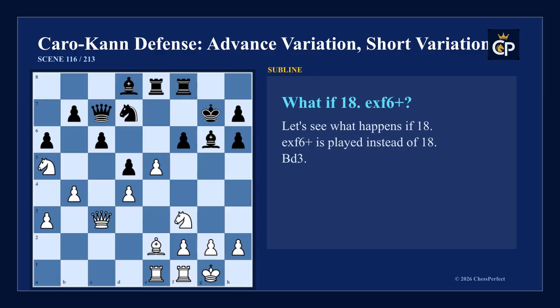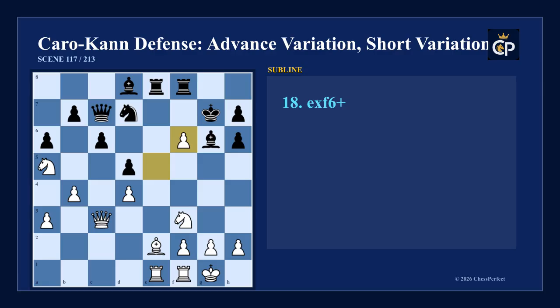Let's see what happens if e takes f6, check is played instead of bishop d3. E takes f6, check.